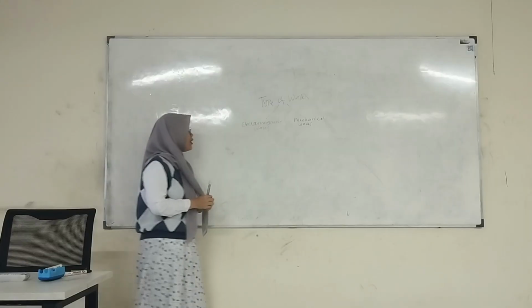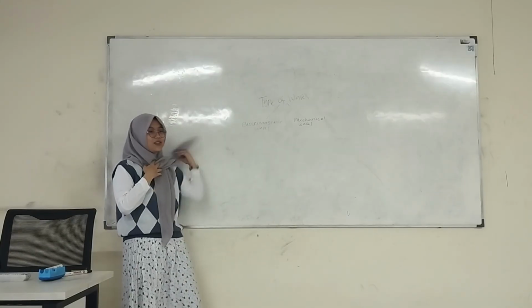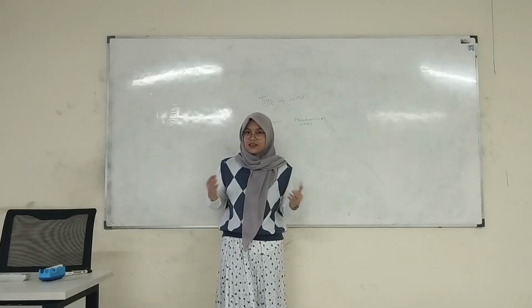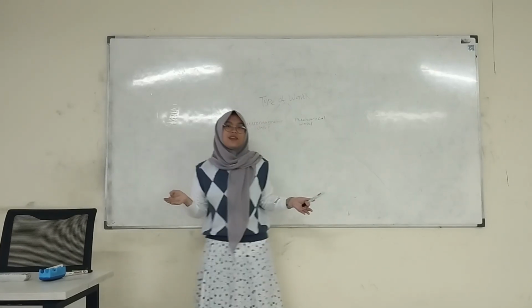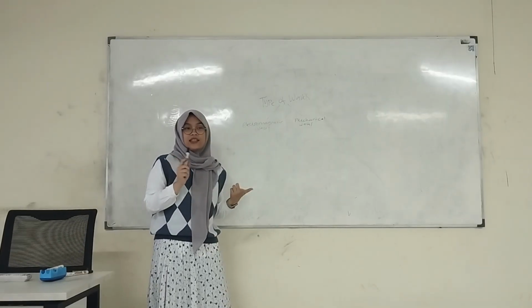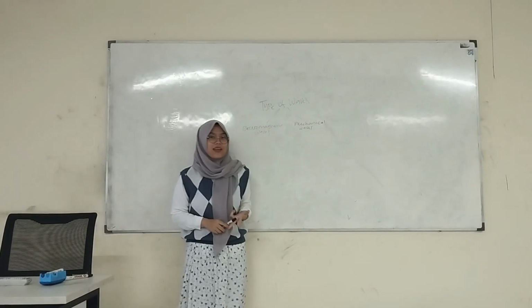So, what is an electromagnetic wave? An electromagnetic wave is a wave that does not need a medium and can travel through empty space. For example, light waves, radio waves, and X-rays.